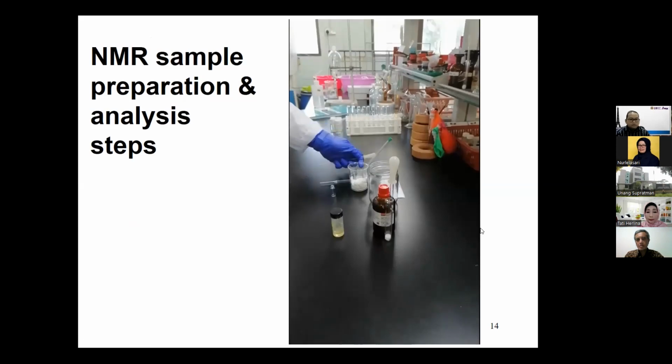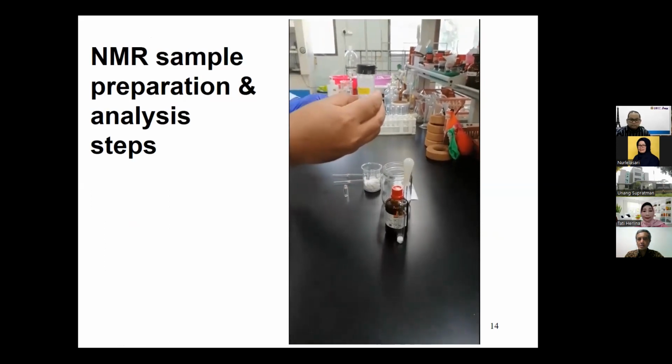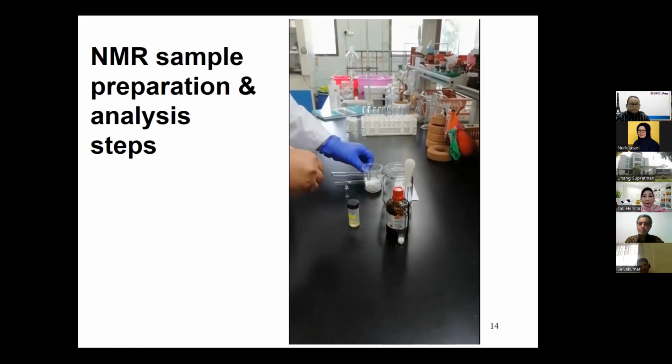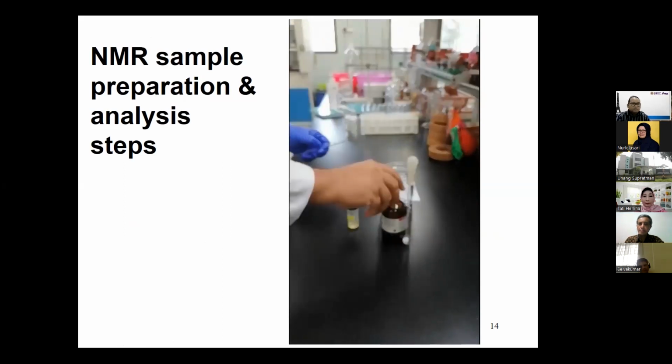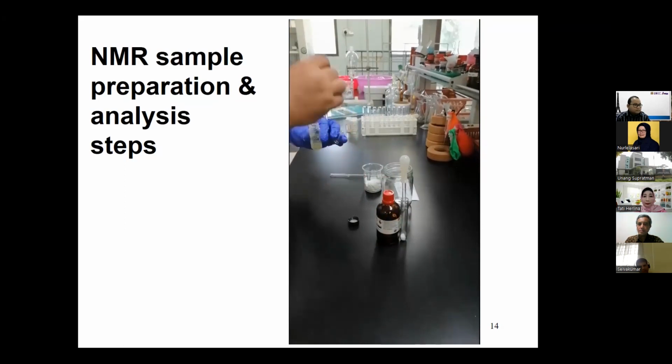So today we will start to prepare the NMR samples. This is the pure sample that I got from a natural product. What we have to do is make sure you have a lot of the solvent. So you have to transfer some of the sample into a small vial, and after that dissolve it in a lot of solvent.